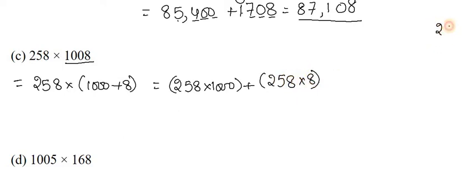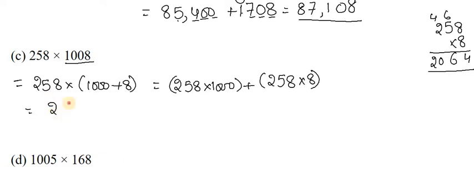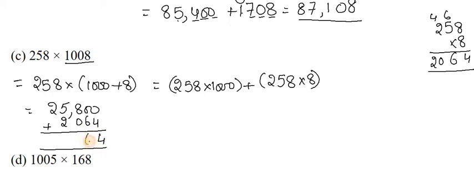So we'll multiply 258 into 8. 8 8s are 64, 8 5s are 40 plus carry 6, 46, 8 2s are 16 plus 4 is 20. 25,800 plus 2,064. 4 6 8 7 2. So the answer is 27,864.